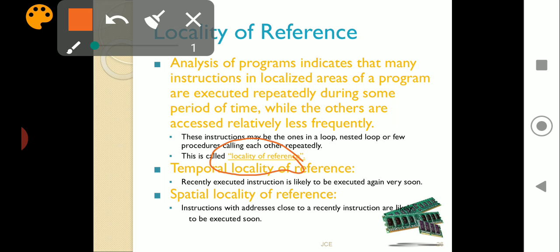This whole concept is called locality of reference. I hope you understood the meaning. If I have some loop instructions and I want them to be accessed repeatedly, I will keep them in a local area. Then we call it locality of reference.